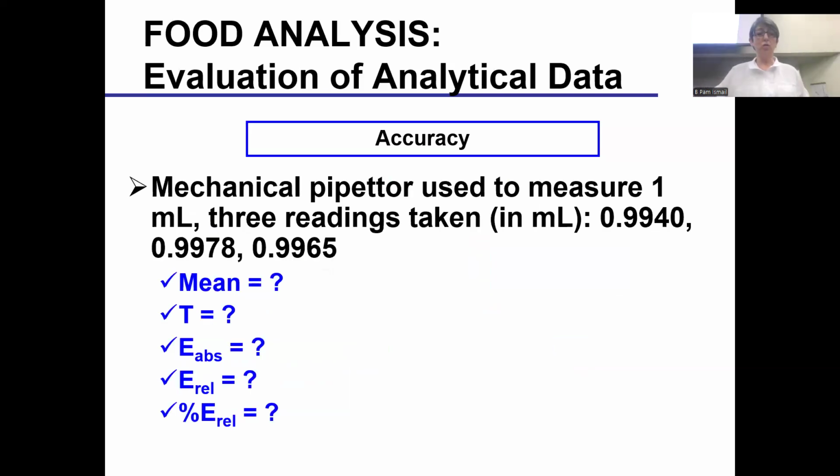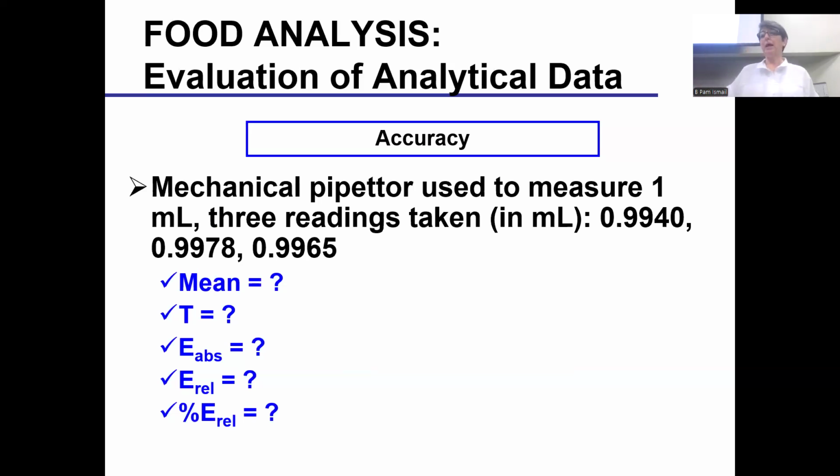All right, let's do some calculation. So that's the example of the mechanical pipette. 1 milliliter should be your true value. And then you're going to do that in the lab next week, determine your precision and your accuracy using different types of pipettes or dispensing tools.